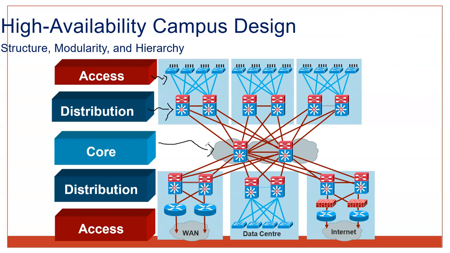That means from the distribution layer, you are doing some sort of aggregation related to routing, and then it is coming to the core layer. And from core, I have the core backbone. From there, I'm connected to WAN, data center, internet edge, right? Again, we'll discuss more and more about this core. And this is just the high-level design.